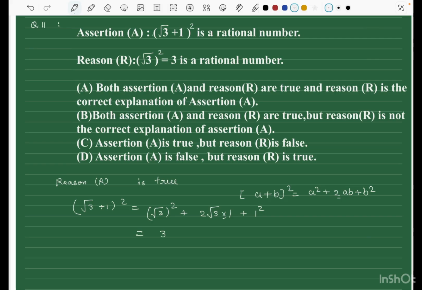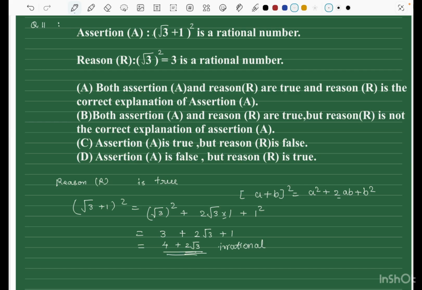So the answer is root 3 square is 3, plus 2 into root 3 into 1, that is 2 root 3, plus 1 square is 1. So we can simplify: 3 plus 1 is 4, so 4 plus 2 root 3. Here 2 root 3 is an irrational number. Therefore, addition of an irrational and a rational number will give an irrational number.